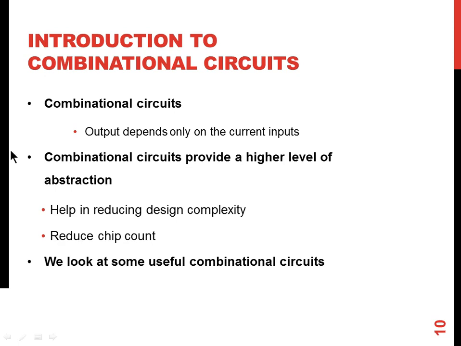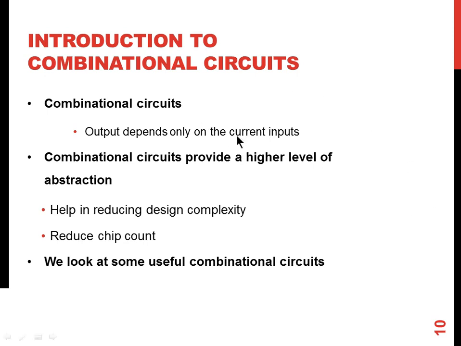Combinational circuits. As we saw, there are mainly two kinds of digital circuits: combinational circuits and sequential circuits. Combinational circuits are ones where the output is a function of the current input, and there is no memory or last value involved.